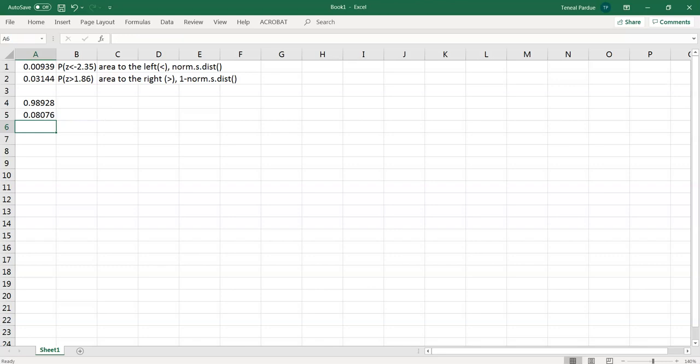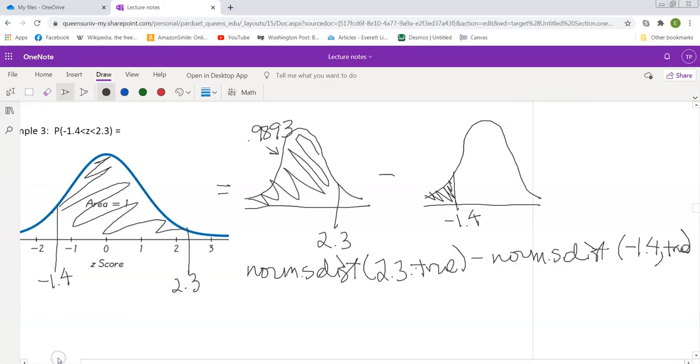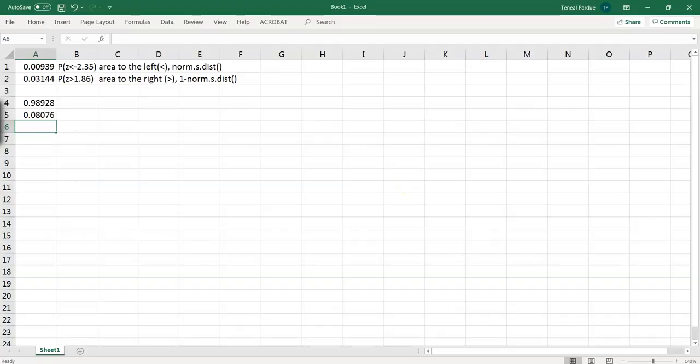And that small area is 0.0808. So this area here is 0.0808. And all we have to do now is subtract them. So equals the big area minus the small area, and we get 0.9085.